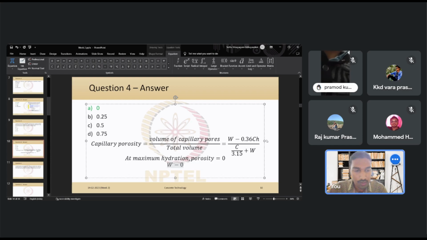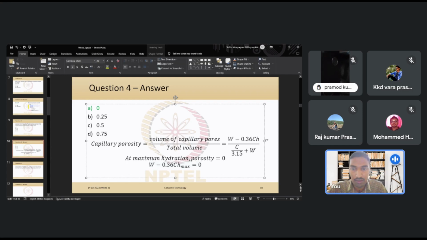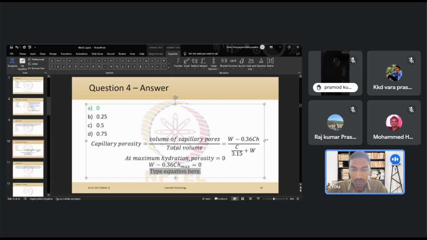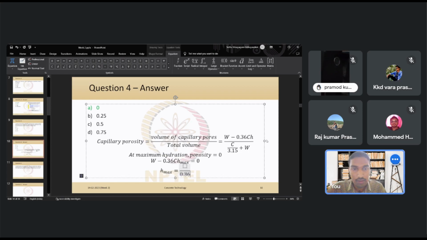So W minus 0.36 CH, at the maximum hydration, which we'll call H max, should be 0. If you rearrange the terms here, we get H max is W by C divided by 0.36.